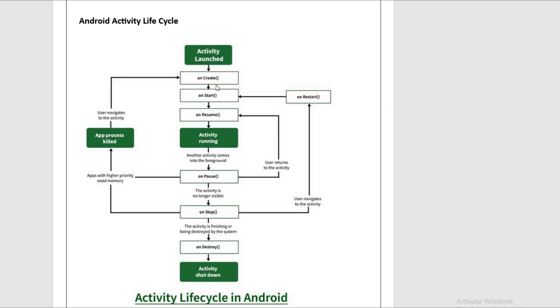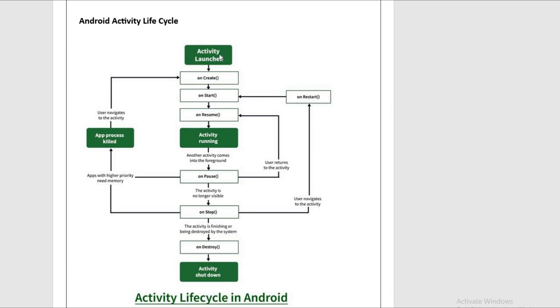After onCreate, the onStart method will execute, which describes the start of your activity. Then onResume will be executed. These are the three methods which will be executed sequentially whenever you start the activity.